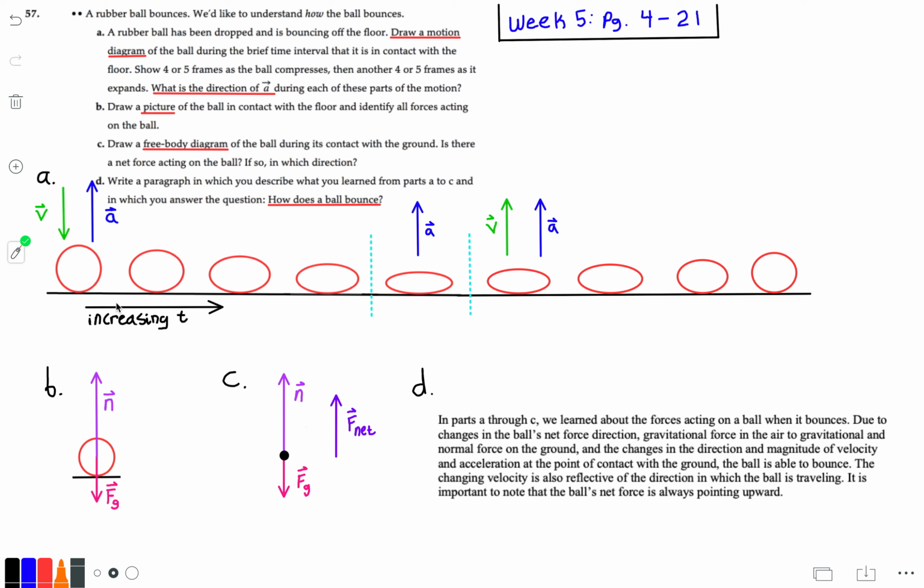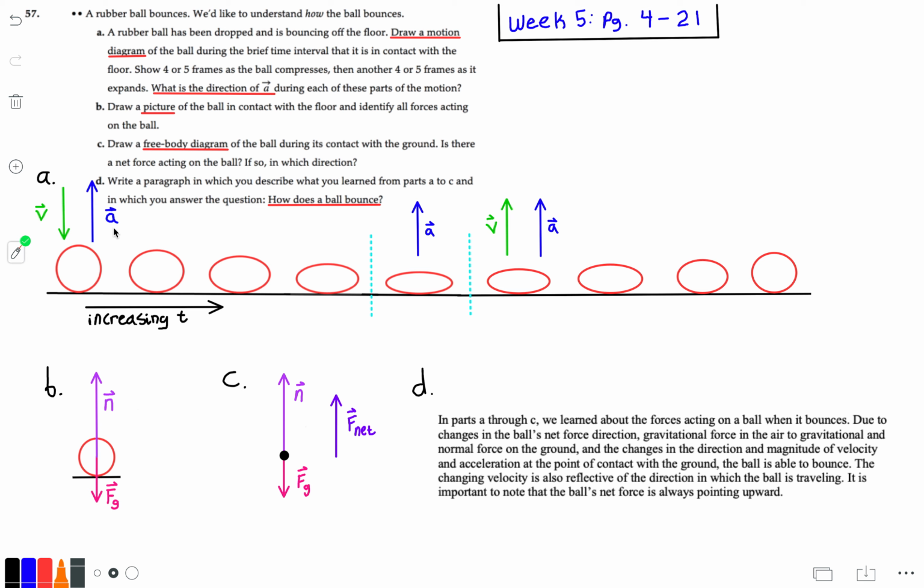In the first part, when the ball first hits the ground, with respect to increasing time in the positive x direction, we have a negative velocity pushing the ball towards the ground. This is also the ball's direction in the negative y direction, and we also have a positive acceleration in this part.